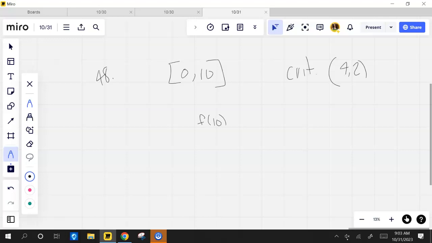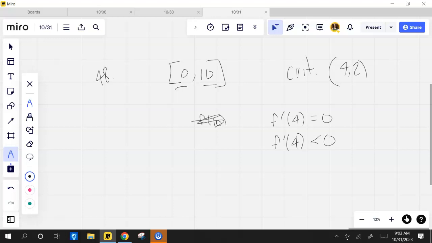Well, you can't know that. It's not necessarily one of the endpoints. Then it says f of 4 is neither a relative max or min. You can't determine that. So let's look at C and D, because C says that the derivative at 4 is 0, and D says that the derivative at 4 is less than 0.